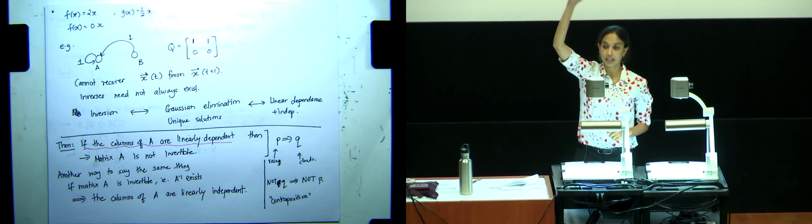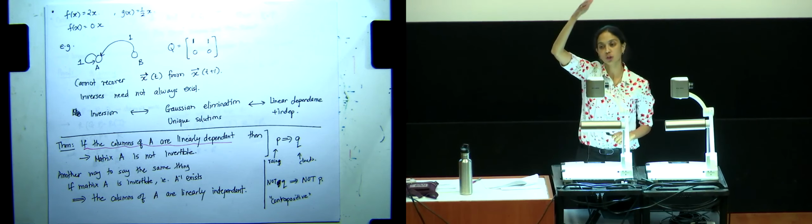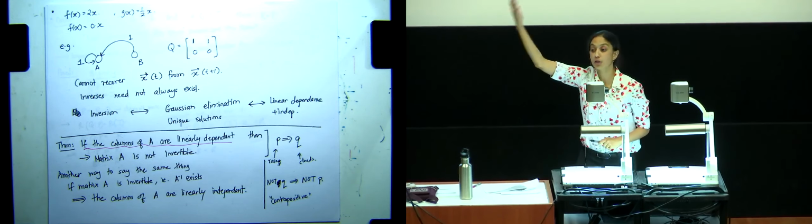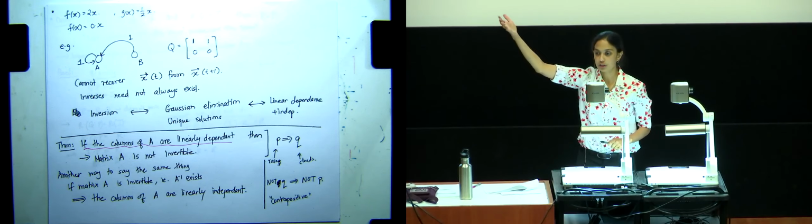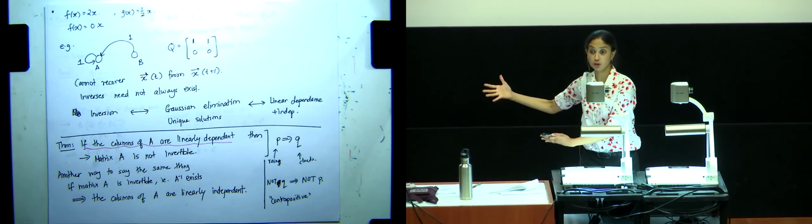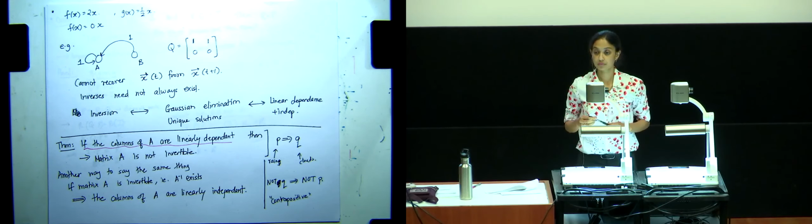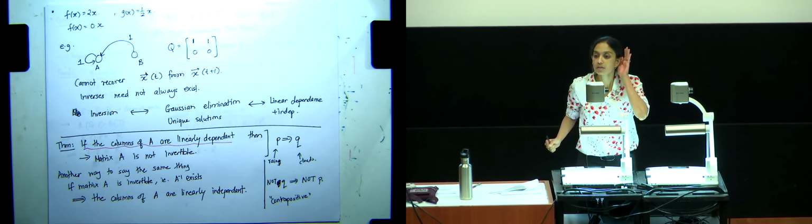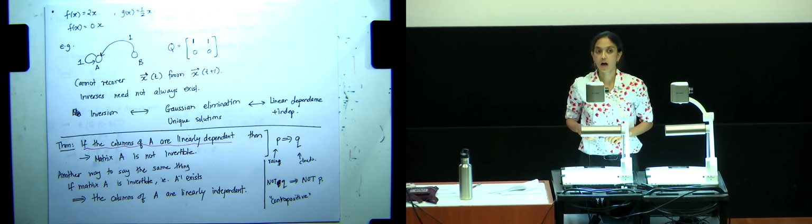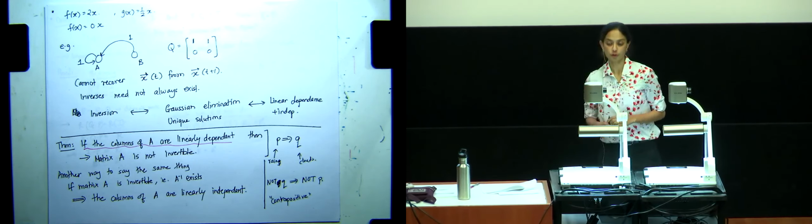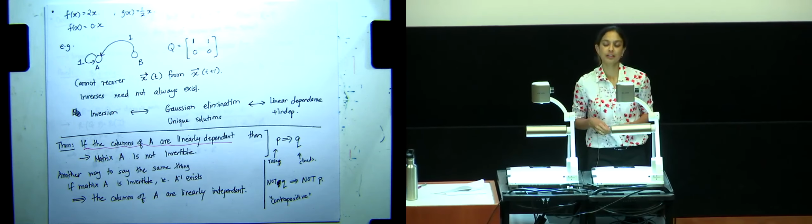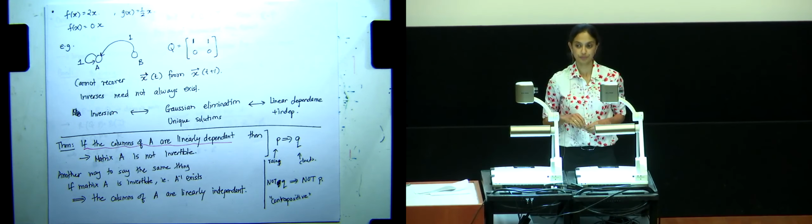We proved that if the columns are linearly dependent, then Gaussian elimination cannot give you a unique solution. Not a unique solution means either there's no solution at all, or there are many. Just for vectors, because in a matrix you don't necessarily have a unique solution situation. But we can talk about that more.